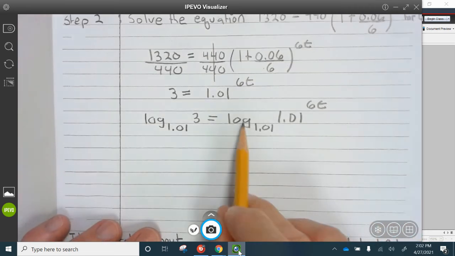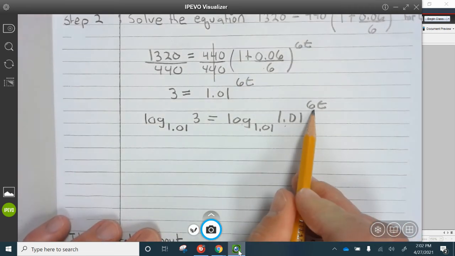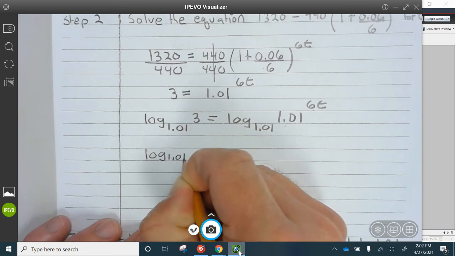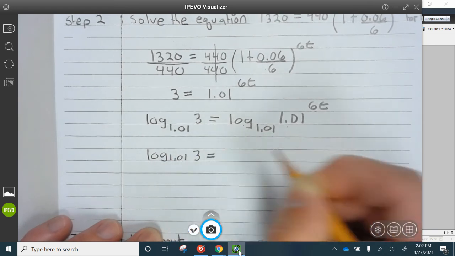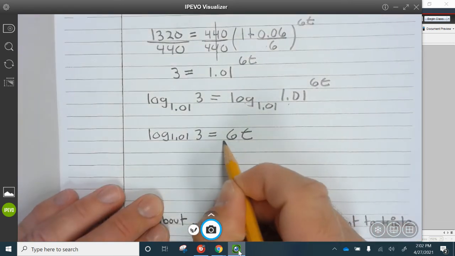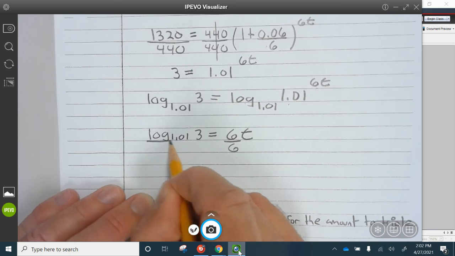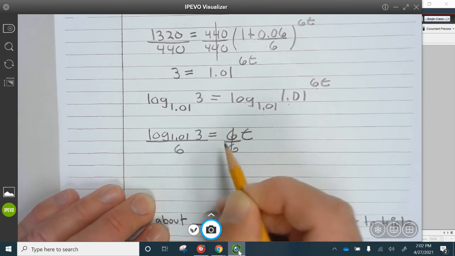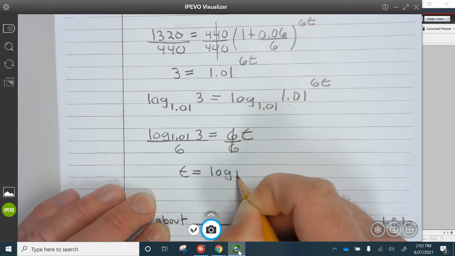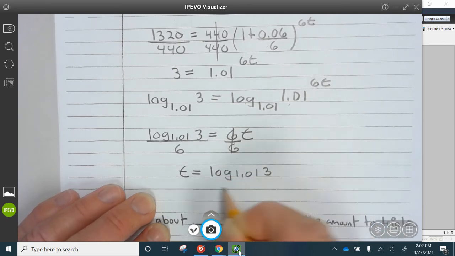We know this is going to 1, so we're just left with 6t. So we have log base 1.01 of 3 equals 6t. Divide both sides by 6. This divided becomes 1. We have t equals log base 1.01 of 3 divided by 6.